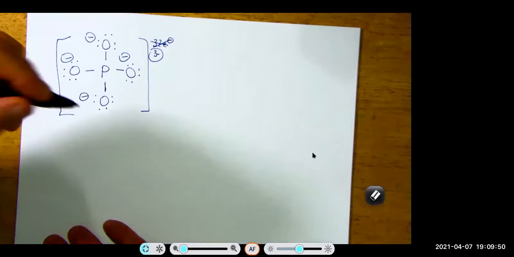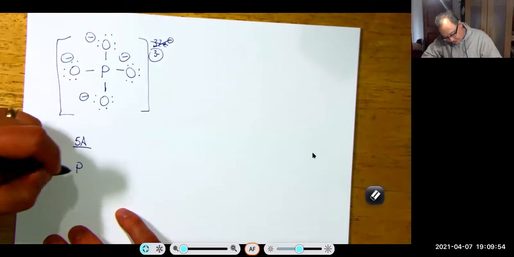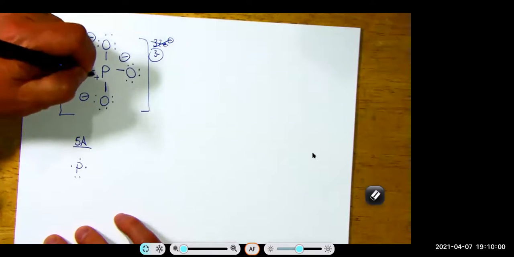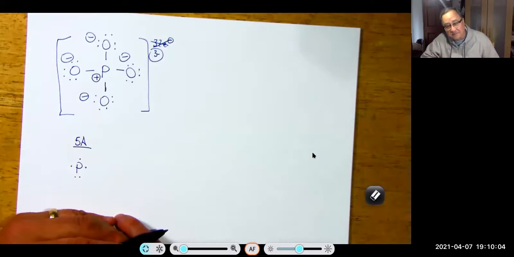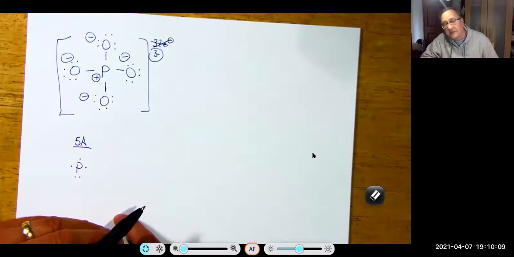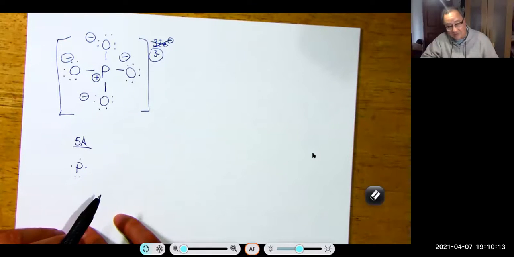No, wait, phosphorus. Oh, wait, 5. It's supposed to have 5, so it's missing one. So it's positive. Yeah, that makes more sense because it's a -3 charge. Now let's check it another way. What should all the formal charges add up to? -3. Do they? Yep. Okay, so we double checked it.